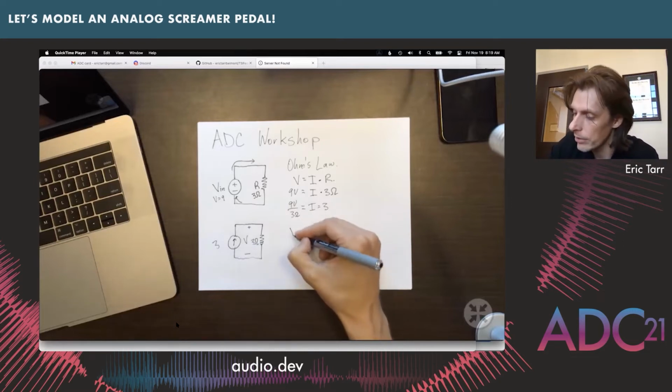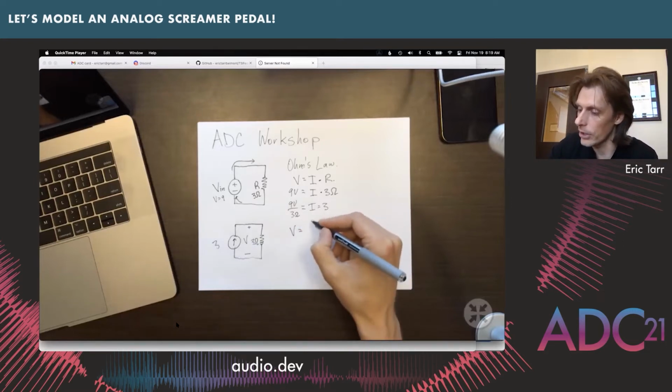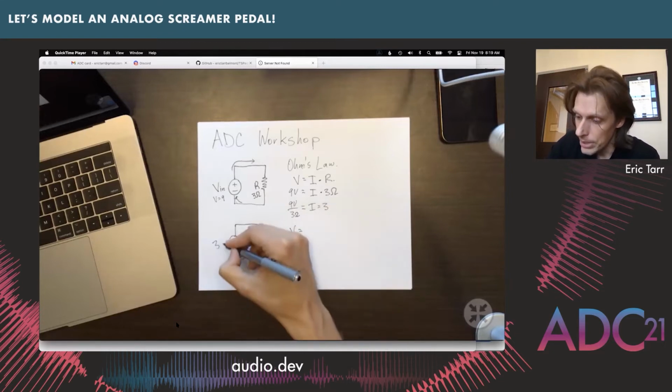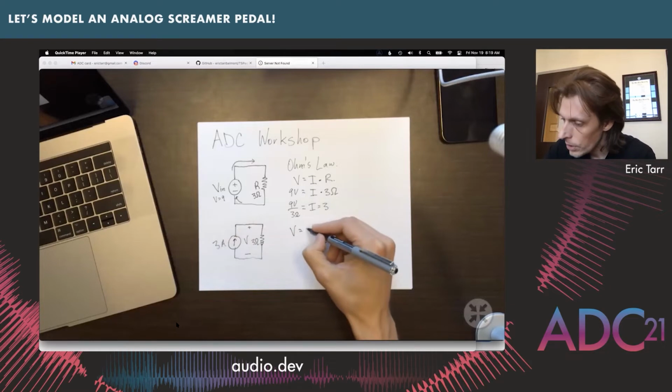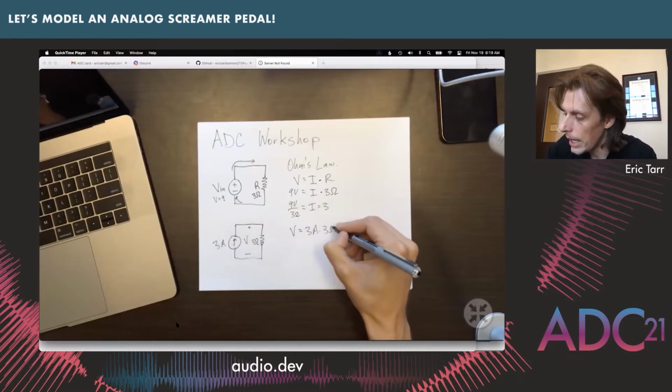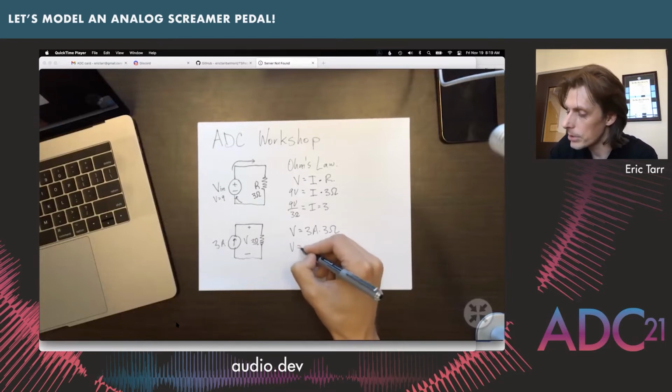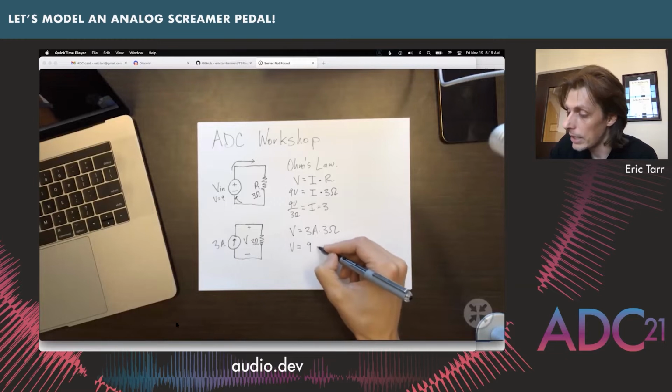In this case, we're trying to find the voltage as a function of our current, which is known here. This is in amps. So 3 amps, and we have 3 ohms. And so now we're finding that our voltage is going to be equal to 3 times 3 equals 9 volts.